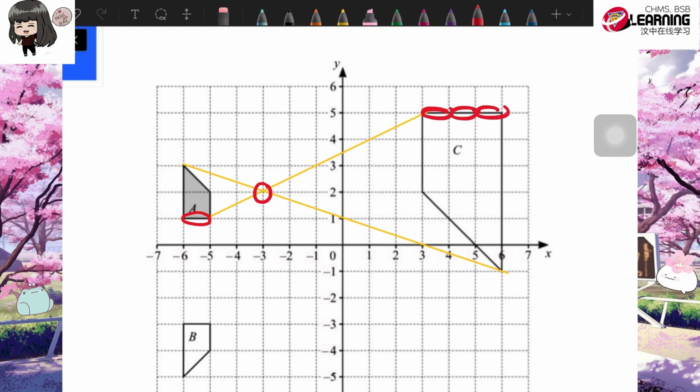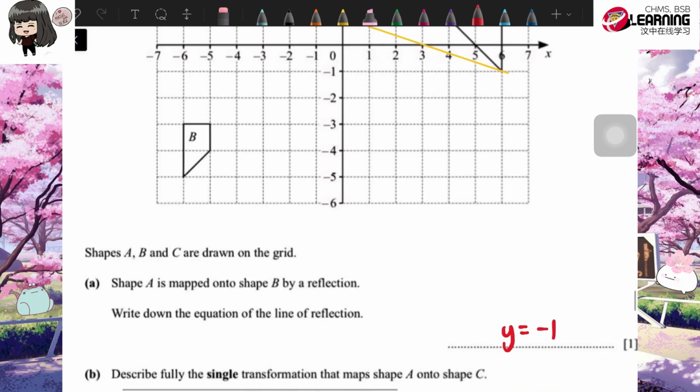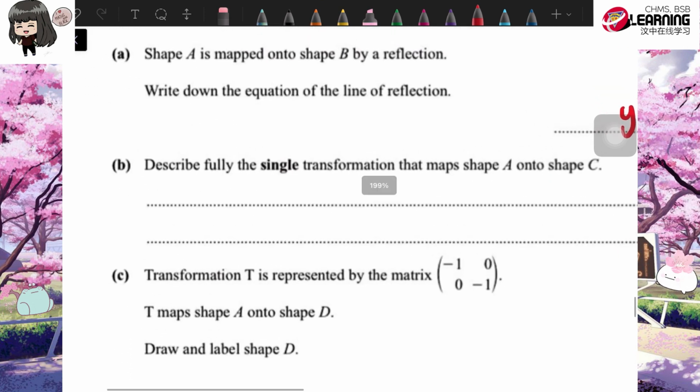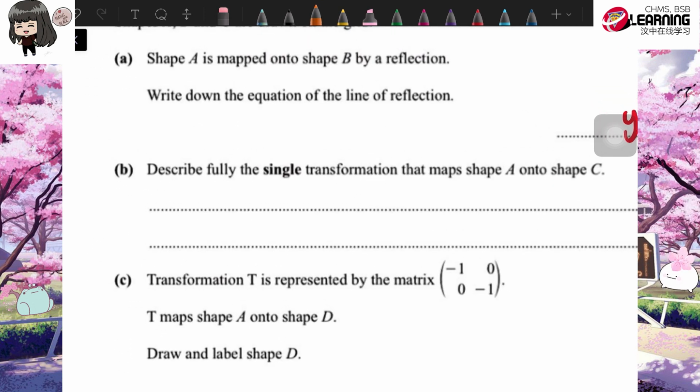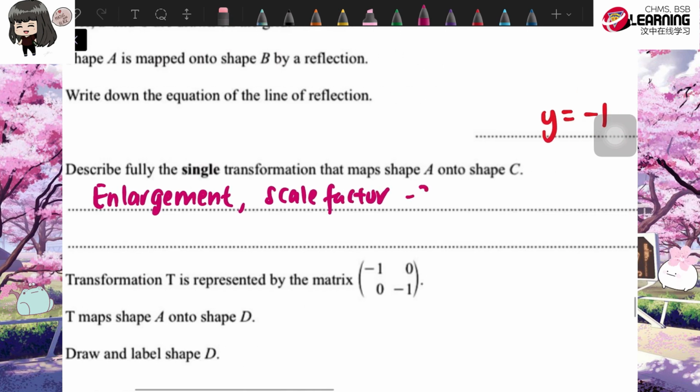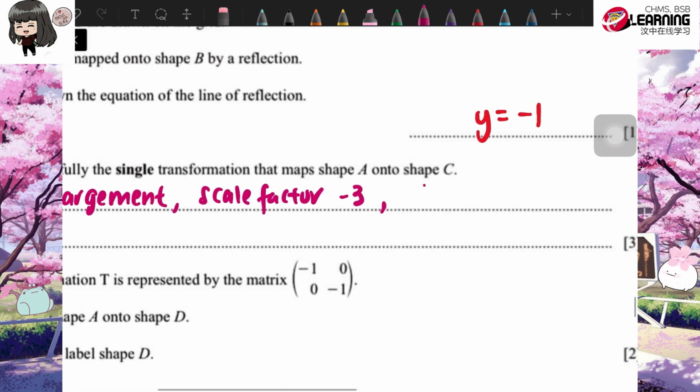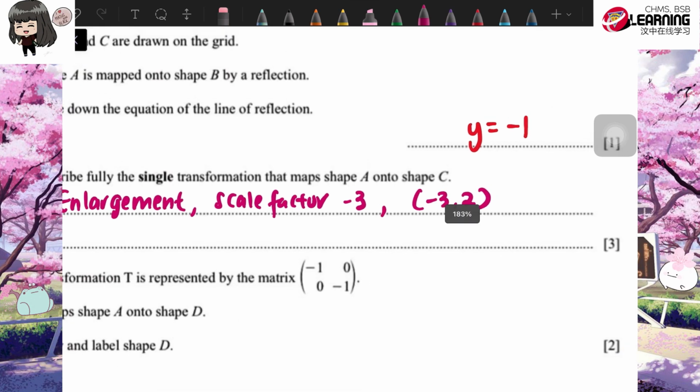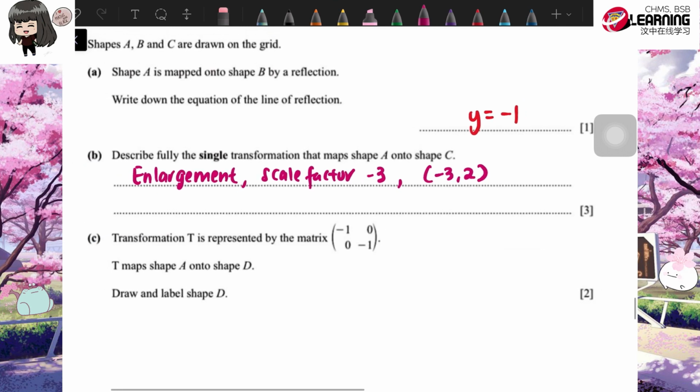So it's 3 times bigger. So this one, you need to write down enlargement and scale factor negative 3, and your center is negative 3, 2. Okay, 3 marks here, so 1, 2, 3 here.